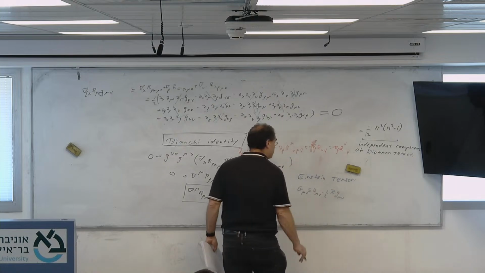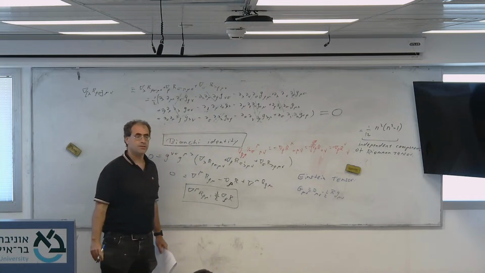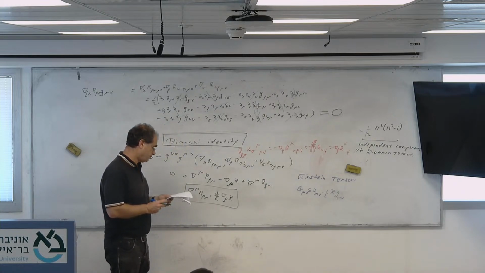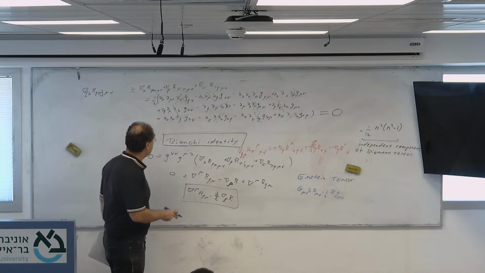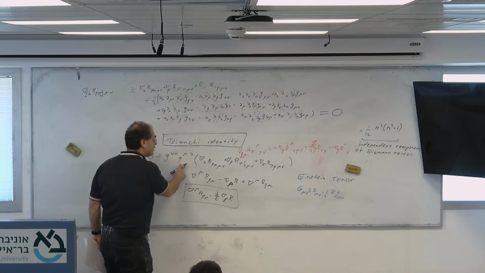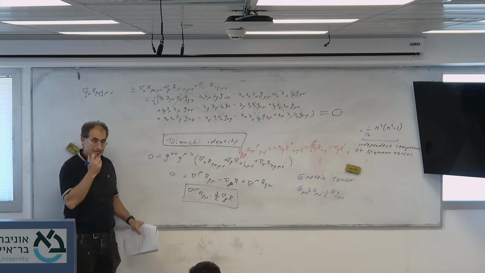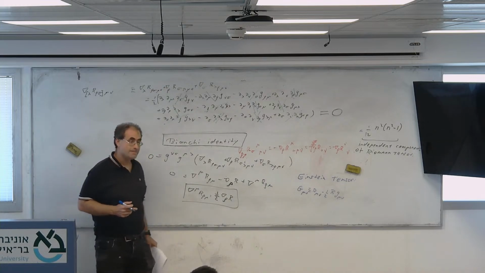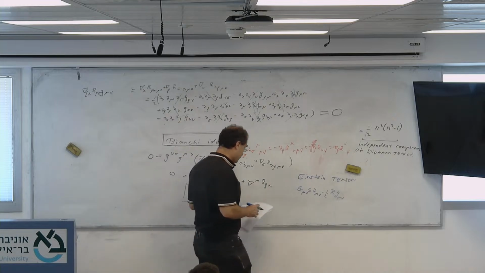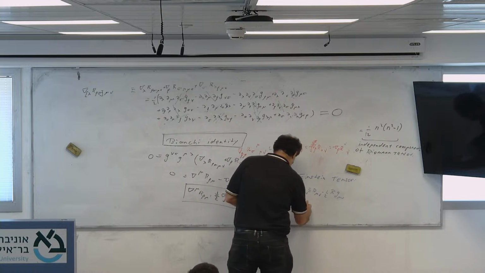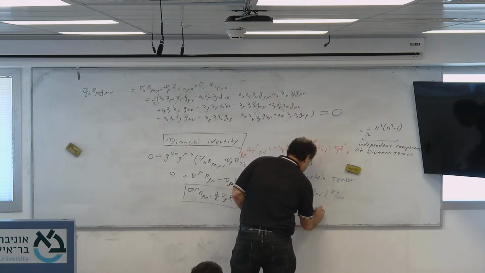That's the definition of the Einstein tensor. And this Bianchi identity with twice contraction is written as what? Exactly, this is simply written as nabla mu G mu nu is equal to 0.